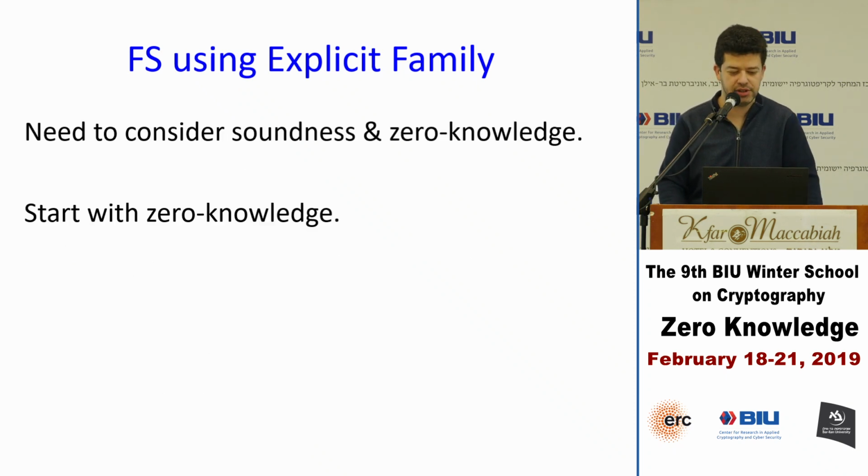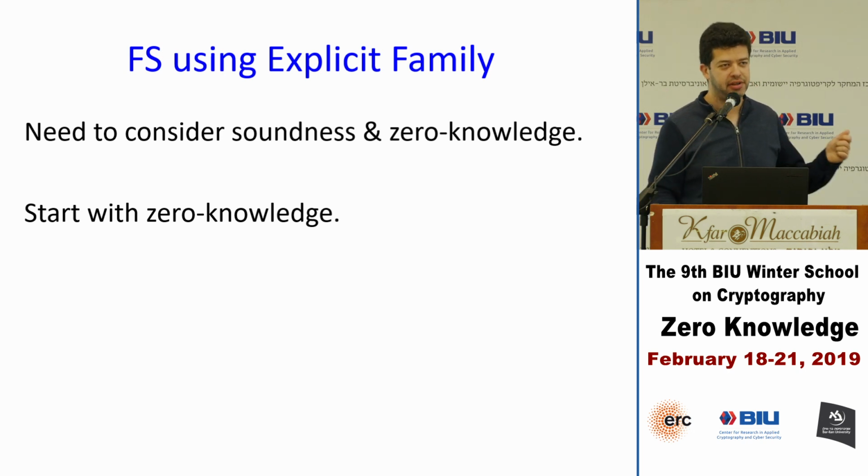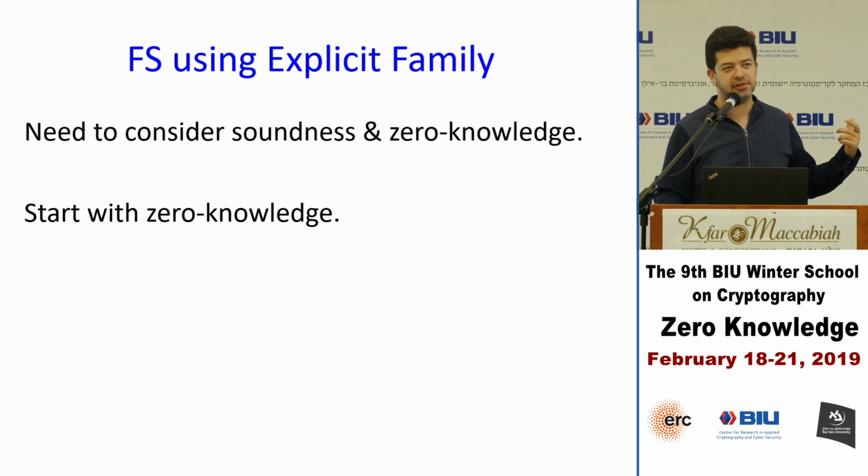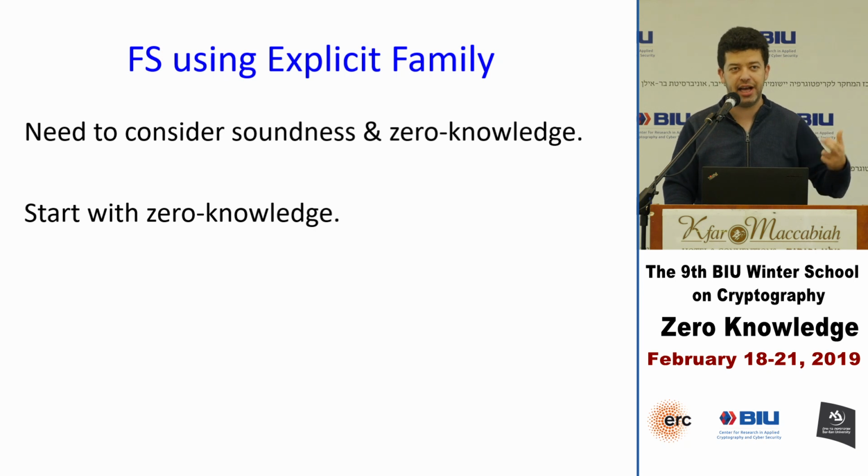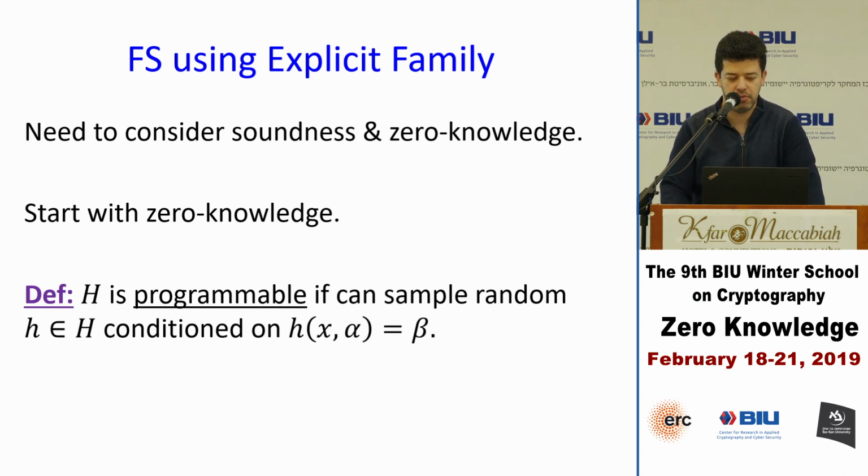Before talking about soundness, I want to talk a little bit about zero knowledge, going back to the annoying point that we had with the analysis of zero knowledge in the random oracle model. I want to show you that arguing zero knowledge when talking about a concrete hash function family becomes much easier. You don't need to worry about different definitions and so forth. The basic requirement that we'll need in order to argue zero knowledge when using an explicit hash function family is something called programmability.